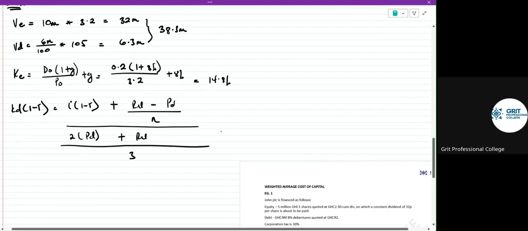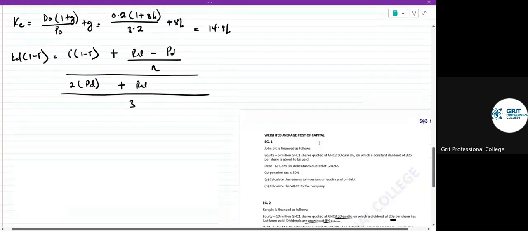I shared how to punch it on your calculator on the page.